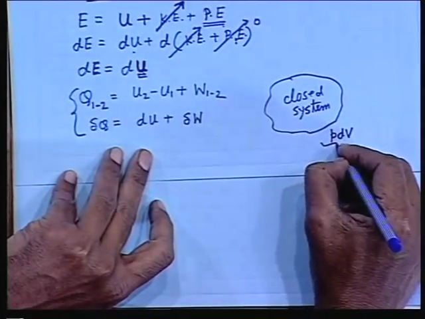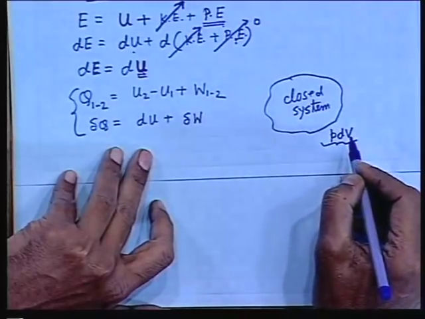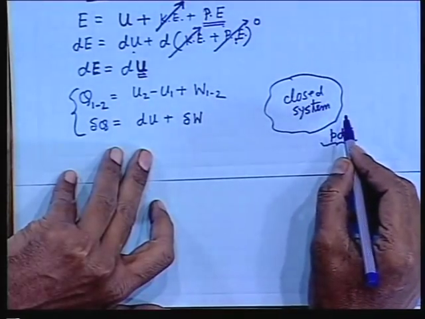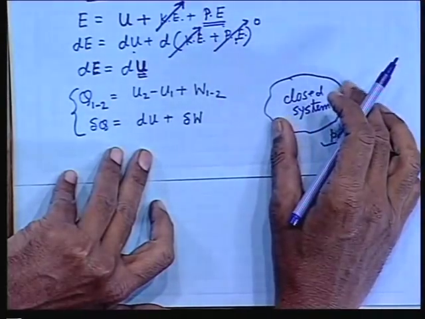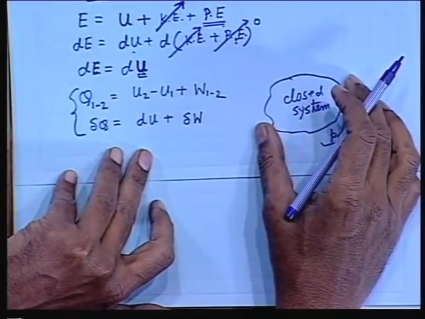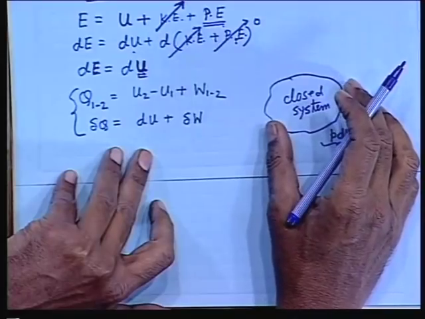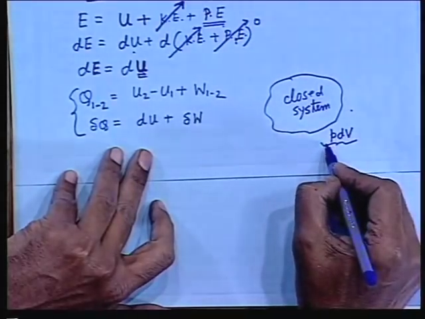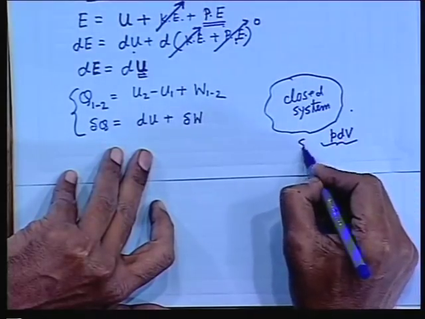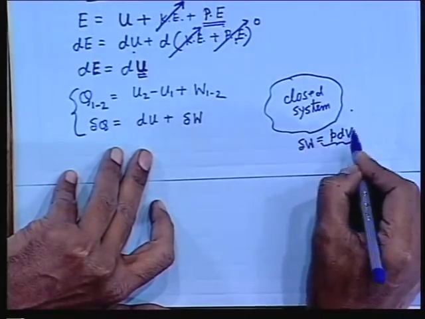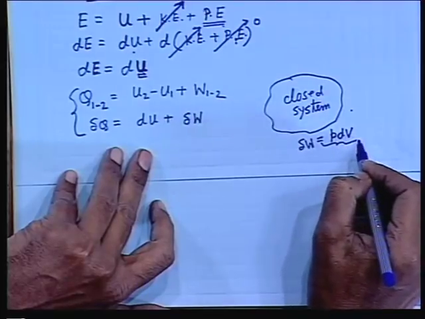So any form of reversible or quasi-static displacement work, that is the work interaction between the closed system and the surrounding because of the displacement of its system boundary, is given by the expression PdV. An infinitesimal amount of work is given by PdV, that means delta W equals PdV. That's why this work will be referred to henceforth as PdV work.